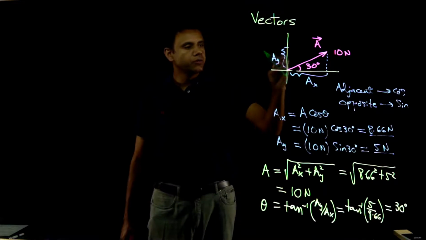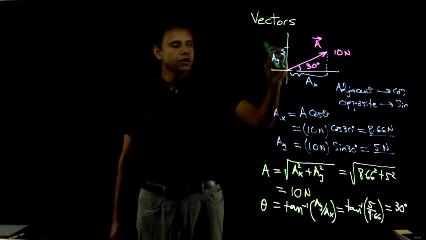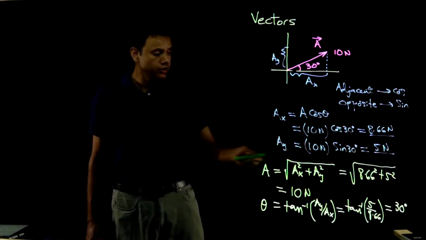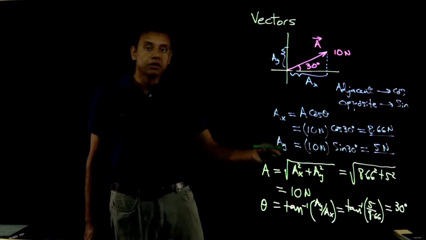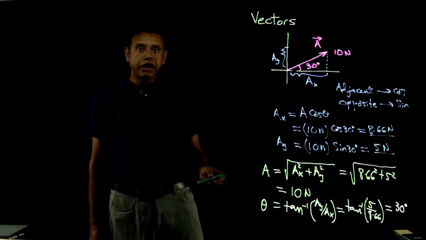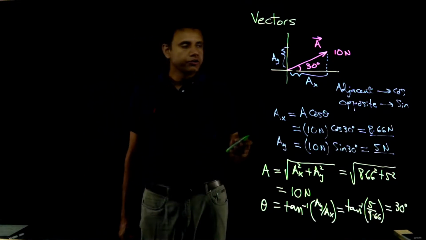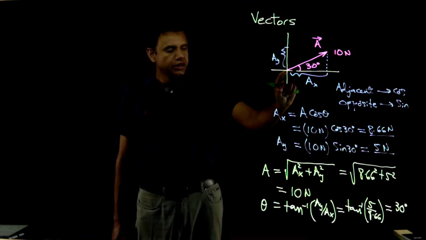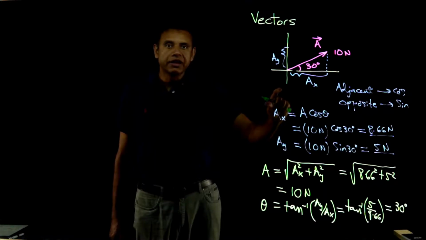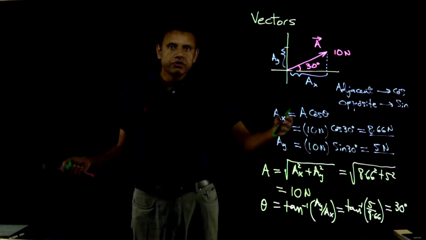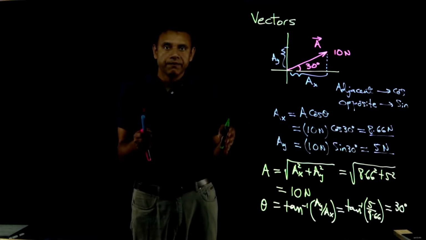Sometimes this vector could be oriented this way, or here, or here. You should be able to calculate the components, or if the components are given, you should be able to calculate the full vector. You can also add two vectors. If you're given A there and B here, then all you have to do is calculate the X component of A and the X component of B, and add the X components together.